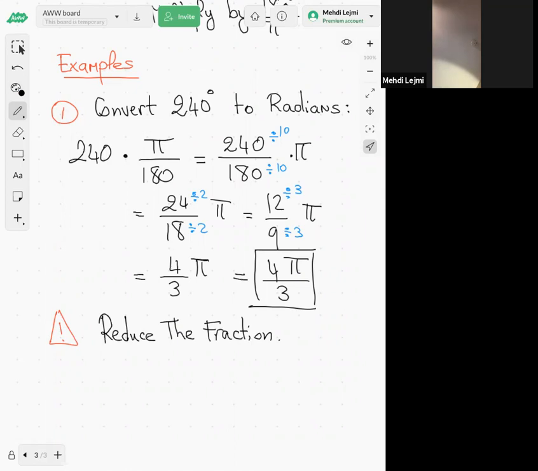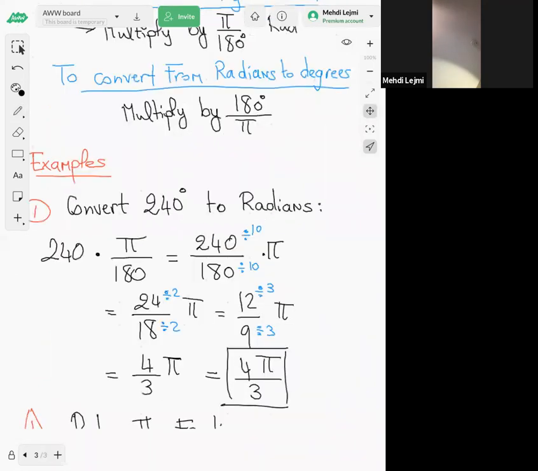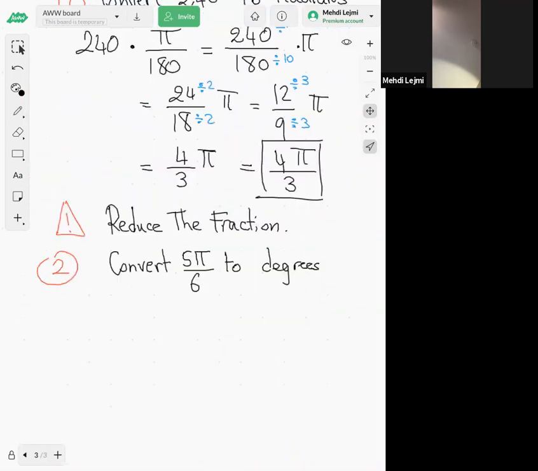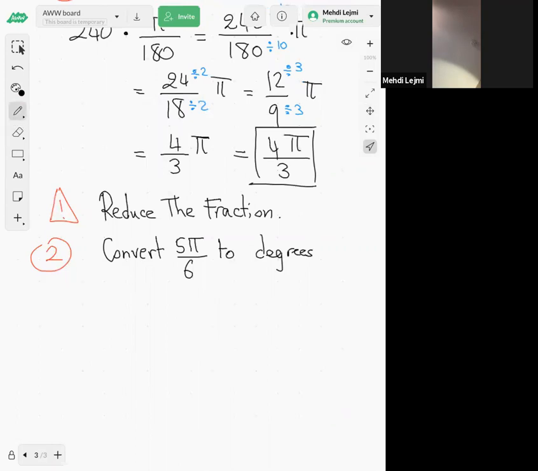So let's say you want to convert 5 pi over 6 to degrees. All right. So from radians to degrees, we said you have to multiply by 180 over pi, right? So it's 5 pi over 6 times 180 over pi.